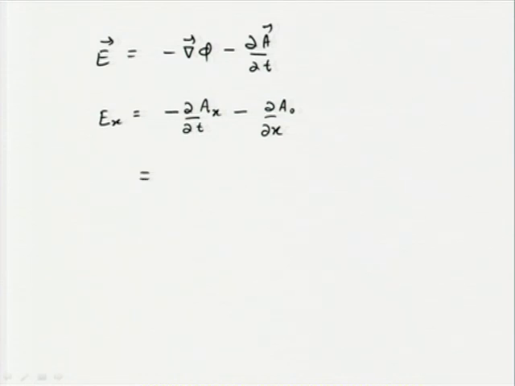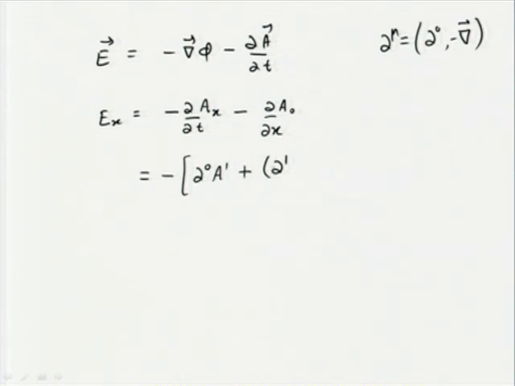So, this is equal to minus ∂/∂t is ∂_0 A^1, minus, so now it should be plus, ∂/∂x is actually minus ∂/∂x is ∂_1. So, we have ∂^μ equal to ∂/∂t which is ∂_0 and minus grad.